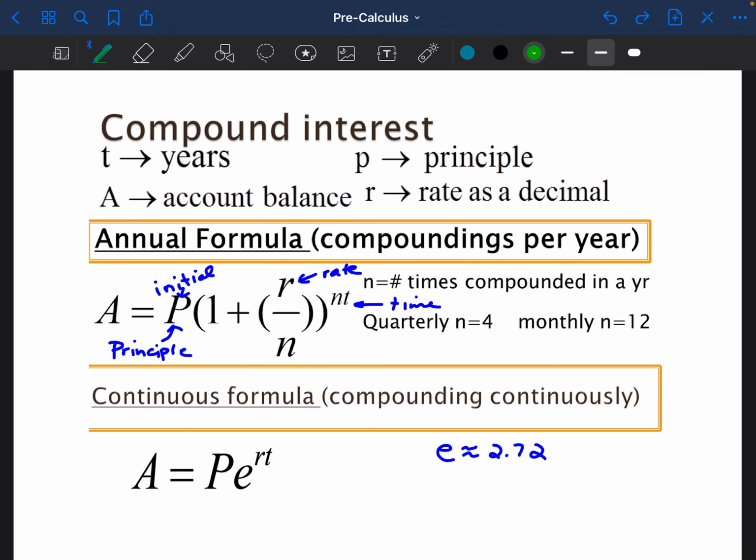So compounding means I have a certain amount of money in an account, let's say $1,000, and I earn 10% interest. Okay, so I earn $10. Compounding means instead of taking that money out of the account, I'm going to take that $10, keep it in the account, and your account's going to grow.